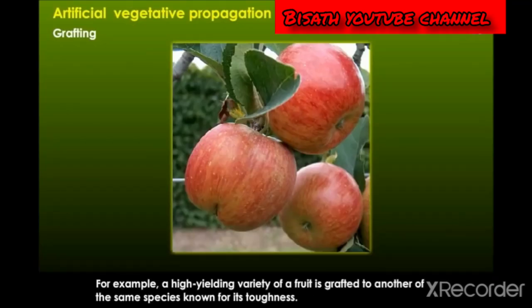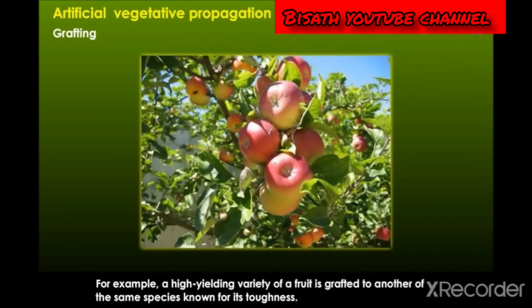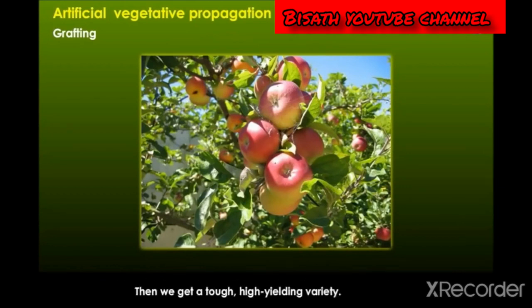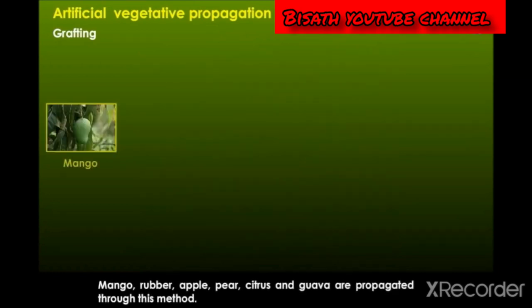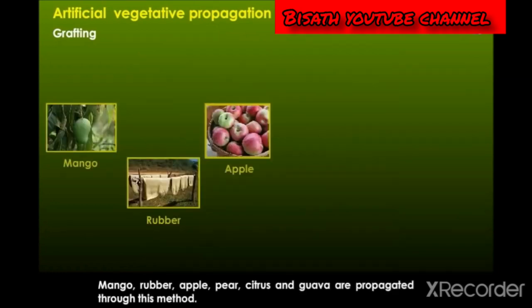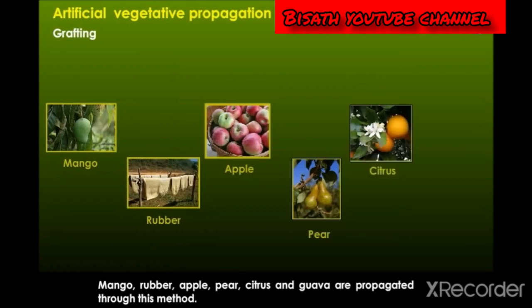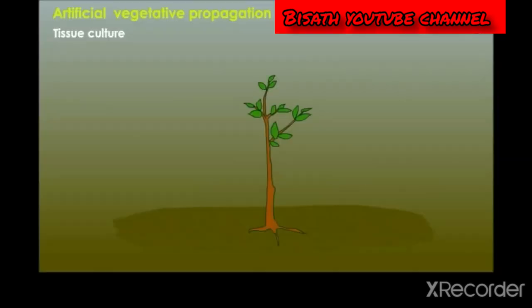For example, a high-yielding variety of a fruit is grafted to another of the same species known for its toughness. Then we get a tough, high-yielding variety. Mango, rubber, apple, pear, citrus, and guava are propagated through this method.